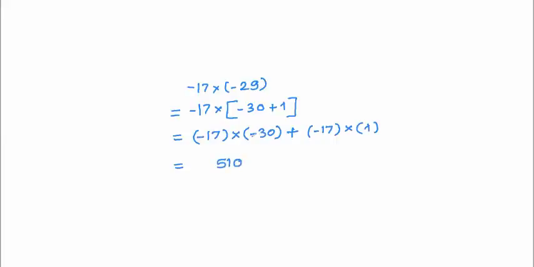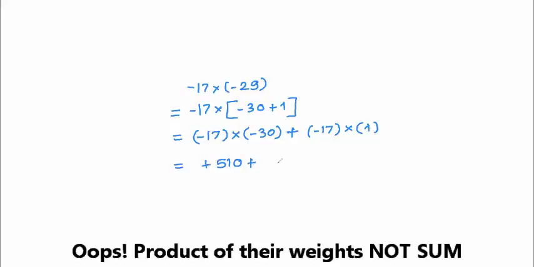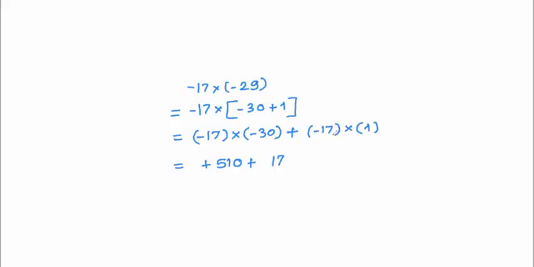Two negative numbers, an even number of negative numbers, gives the answer as positive, plus 510. Plus here remains as it is, minus 17 into 1. 17 into 1 is 17. Only one negative number here, so an odd number of negative numbers gives the answer as minus 17.